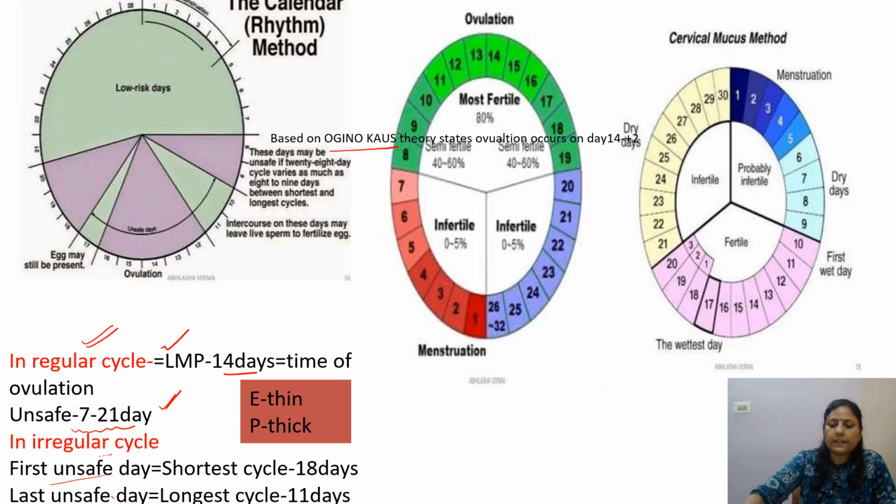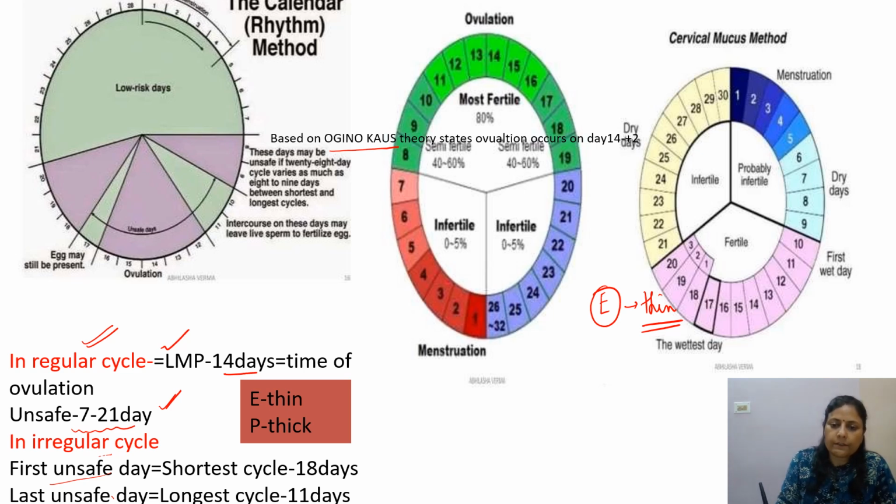Next method is the cervical mucus method, which is also known as the billing method. In this, the character of the mucus secretion from the cervix will give information about ovulation. During the estrogen dominant phase, that is the proliferative phase, the cervical secretions are usually thin. So if the cervical secretion is thin, it means that ovulation hasn't occurred yet.